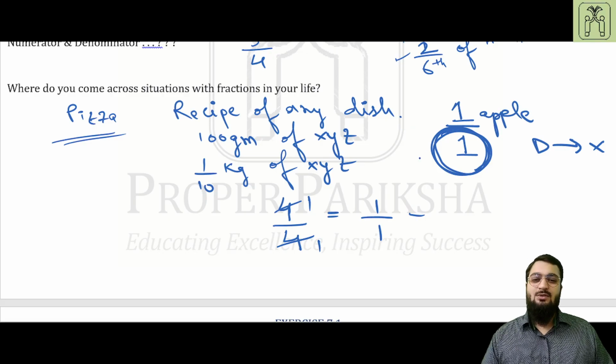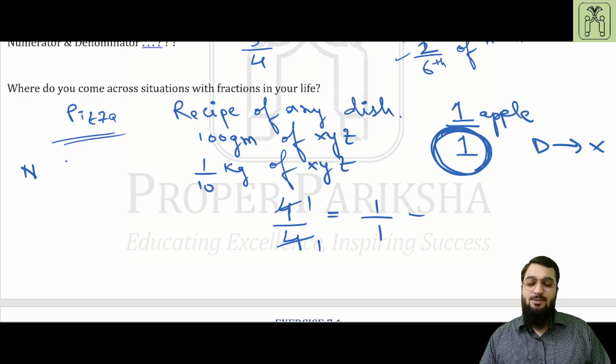Situations of fractions are everywhere. As you saw in one of my previous videos, we learnt about natural numbers, then whole numbers, then integers. And as we go on, each succeeding group encompasses the preceding group.